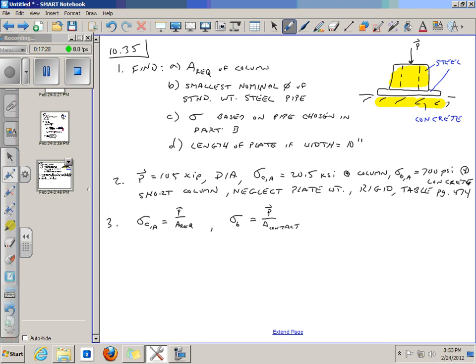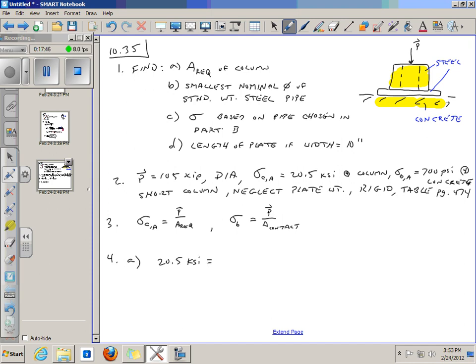Okay, so let's go ahead and start solving this thing out. Part A, the required area of the column. Well, we know the allowable compressive stress in the column. They told us that that's 20.5 KSI.